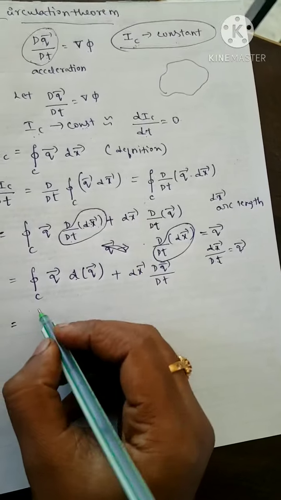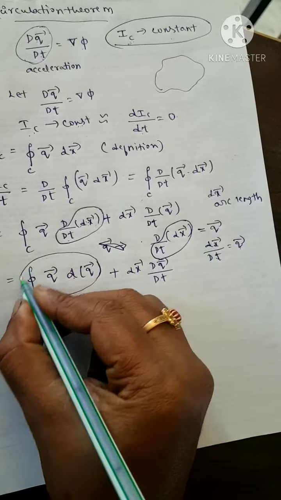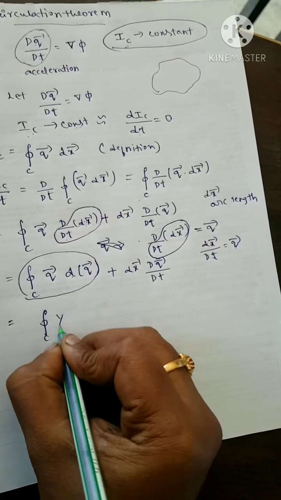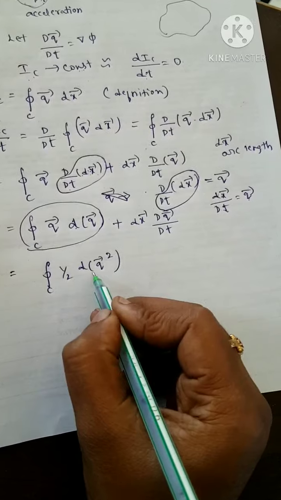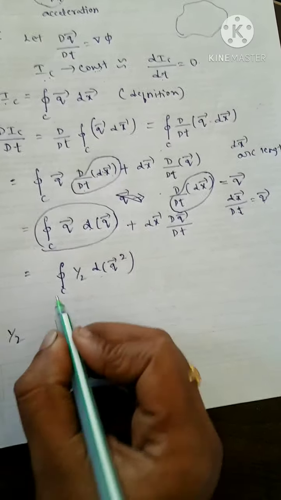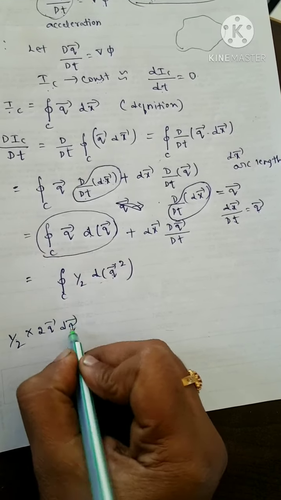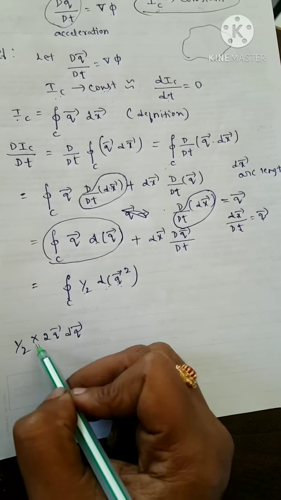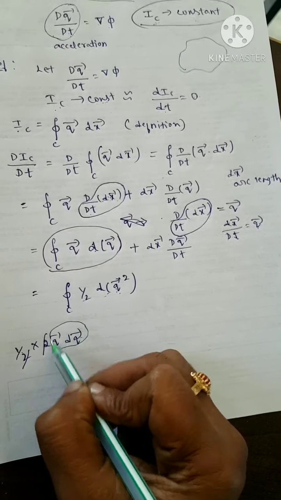Fine. Now you can note that this term can be written as half into the derivative of q squared. Why? Because half into differentiation of q squared is half into 2q dq, the 2 gets cancelled, and you get q dq.